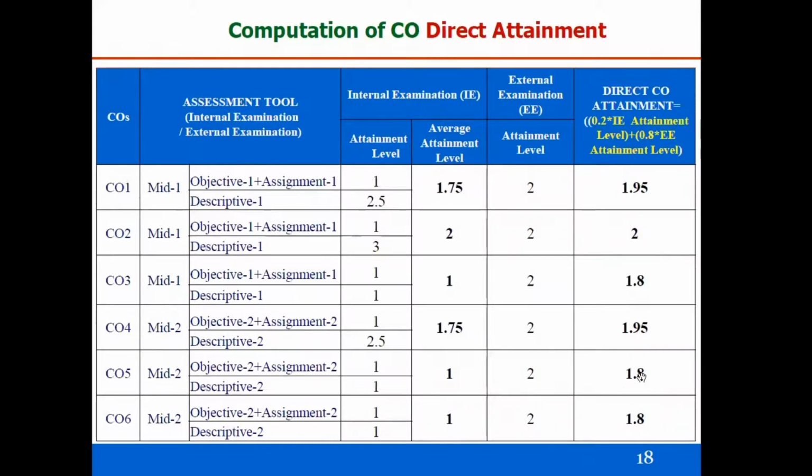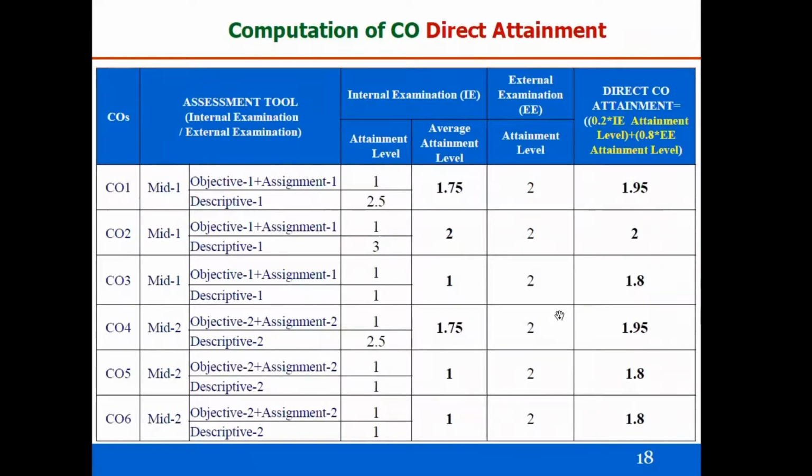So here you will get 1.8. Then CO6 also the same values, 0.2 into 1 plus 0.8 into 2. So here you will get 1.8. Now these are all the direct CO attainment final values for each and every CO. CO1 is 1.95, CO2 is 2, then CO3 is 1.8, and so on. CO6 is 1.8.